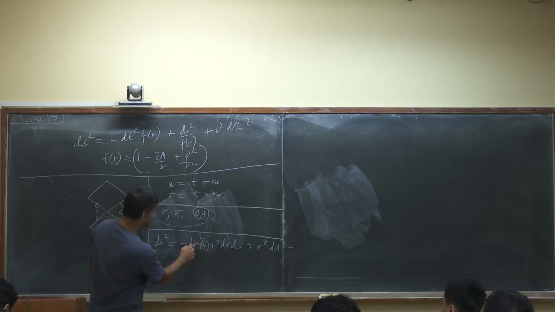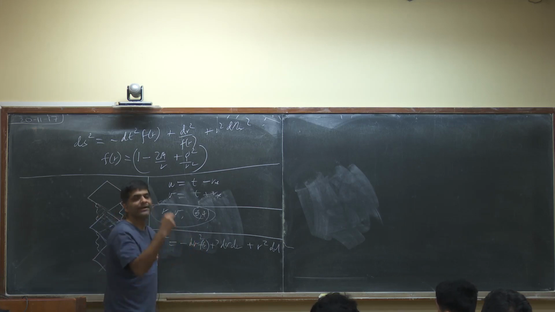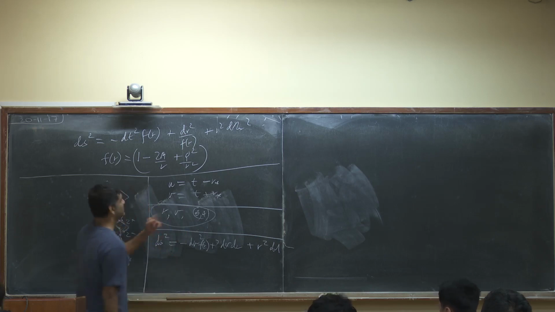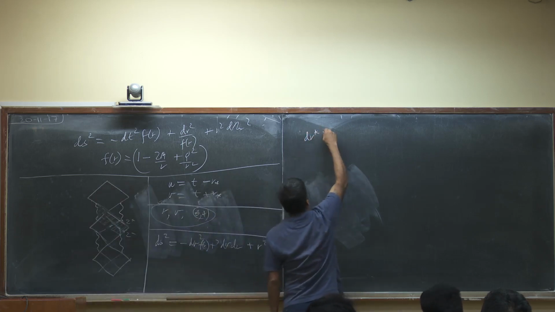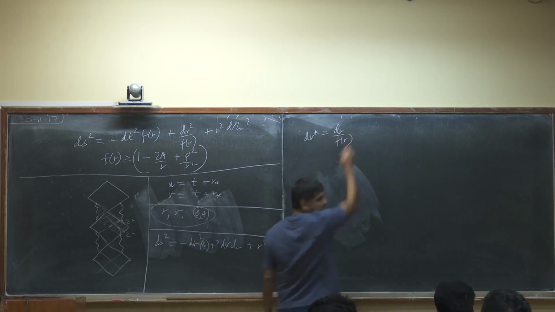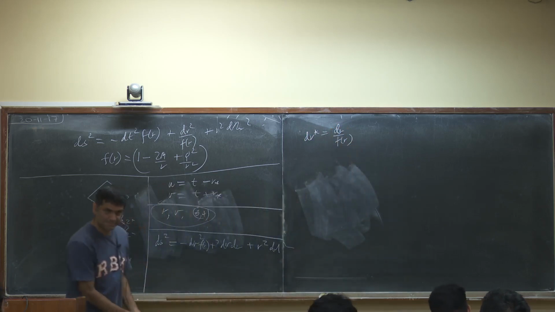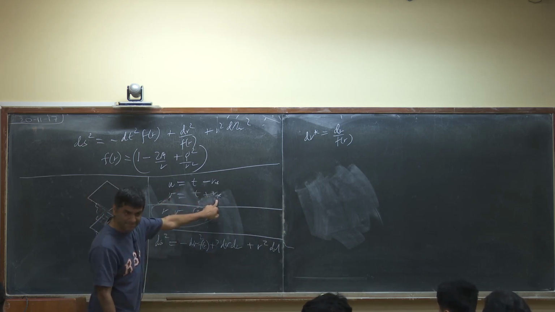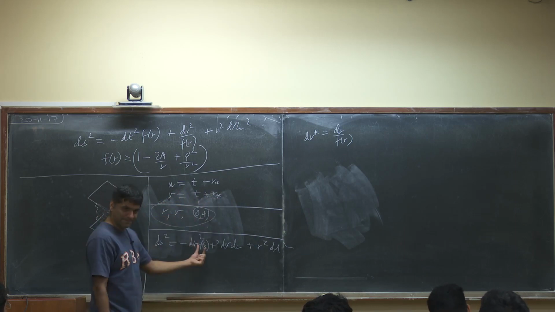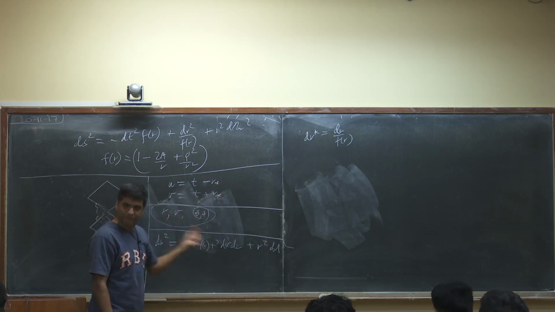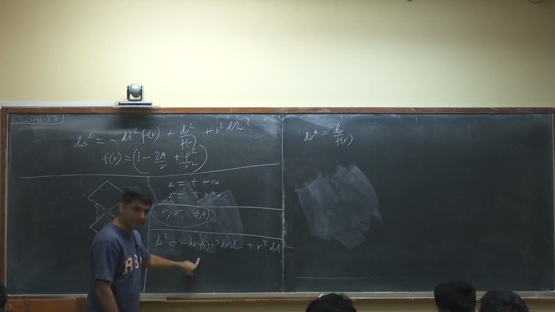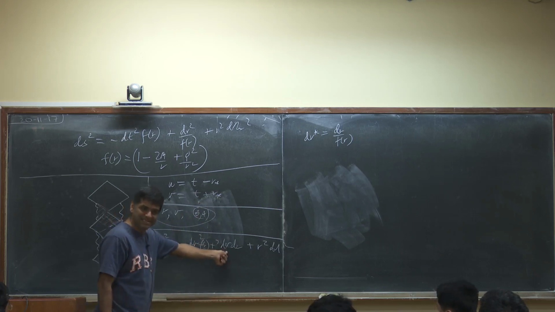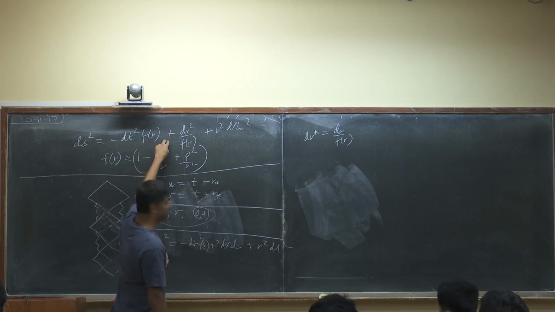This is because dv squared has 2 dt dr divided by f of r, since by definition dr star is equal to dr divided by f of r, and dv was dt plus dr star. But this f of r cancels that f of r, and the minus kills this. So that gets rid of the cross term.